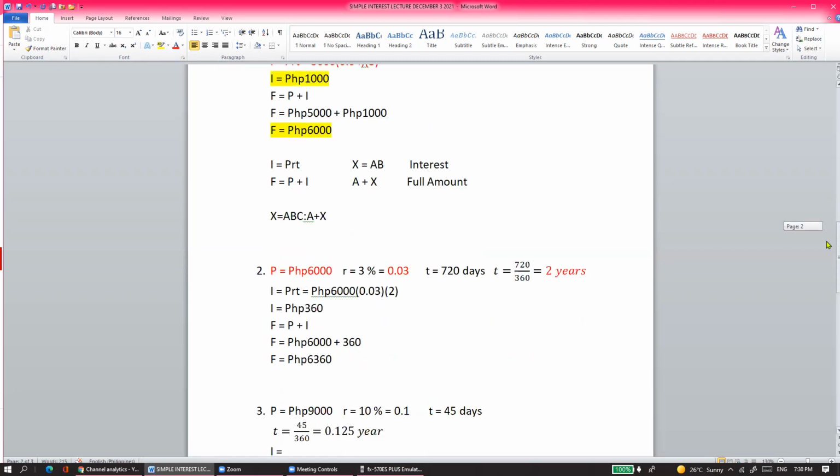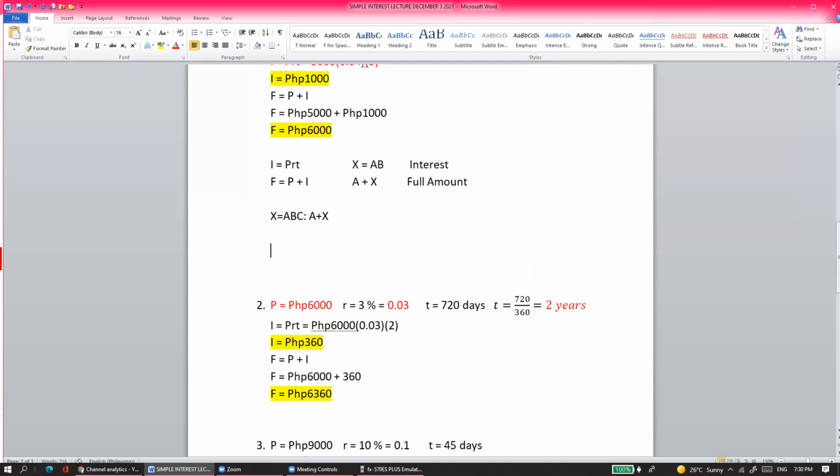Sa number 2, ang naanap natin is 360. And then dito naman ang nahanap nating F is 6,360. I'm just trying to teach you something with this calculator. You will see how good it is. At hindi lang dapat nakabisado mo yung concept, dapat technologically kabisado mo rin yung mga produkto natin.